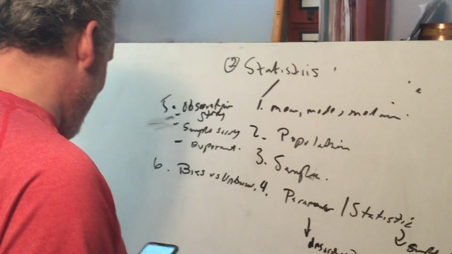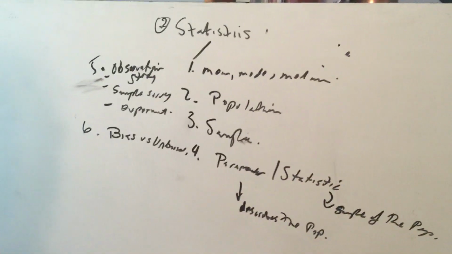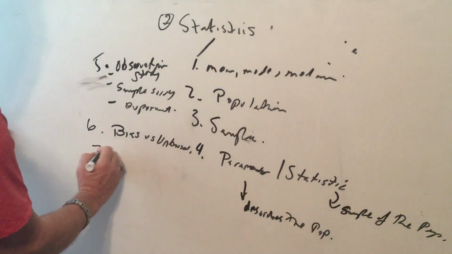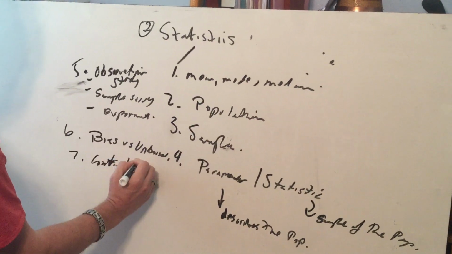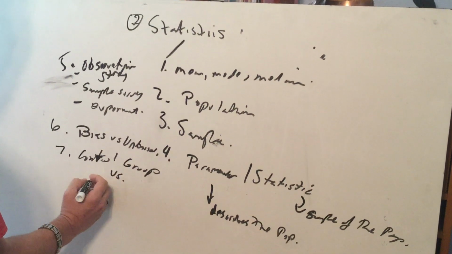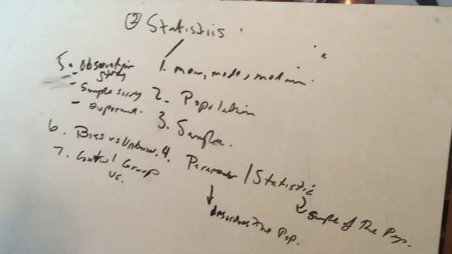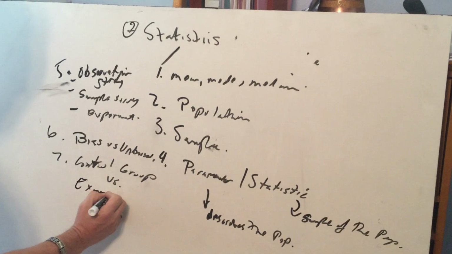All right, back to the beautiful review stuff. So we understand bias versus unbiased. And last but not least, control group versus, come on, the experimental group.